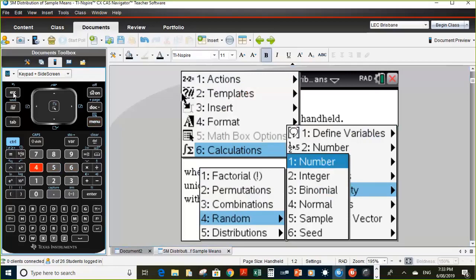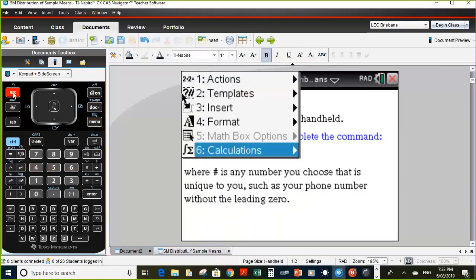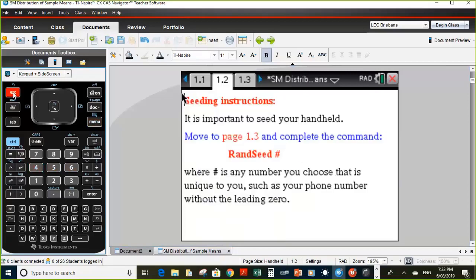And when you enter a number such as your mobile phone number without the leading 0, it takes your handheld to a different part of the pseudo-random number list as compared to all the other handhelds in the room, and it ends up just running off on its own accord.